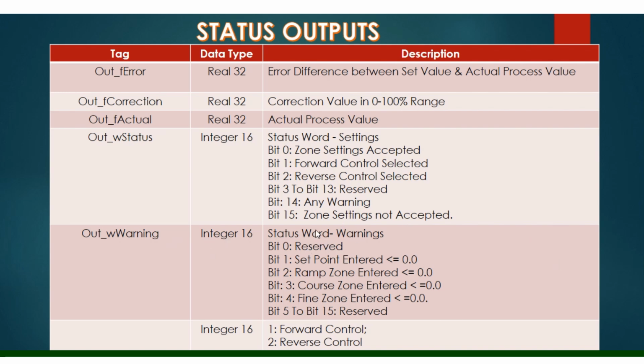Similarly, you can have different types of warnings. And these are basically the main control outputs from the function block.